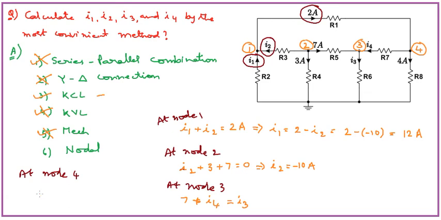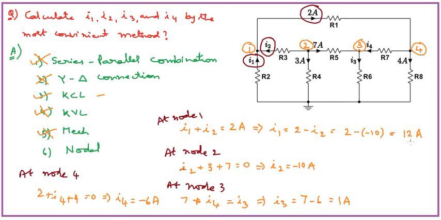So it is 2 plus I4 plus 4 equal to 0, which implies I4 is equal to minus 6 ampere. Then I3 is equal to 7 minus 6, which is equal to 1 ampere. So this is the conclusion.